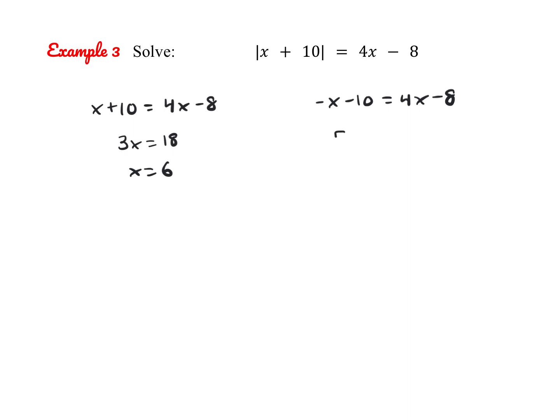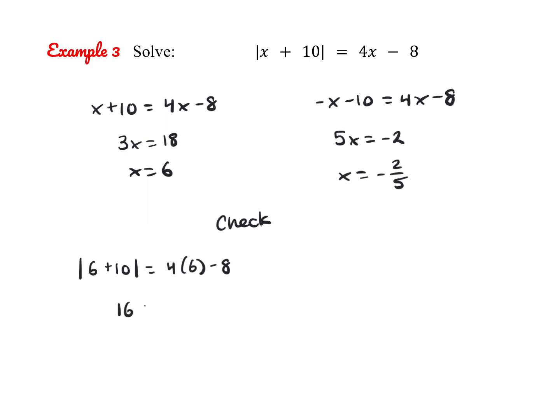And then here we have 5x equals negative 2. So now we need to check our solutions. So I'm going to substitute them into the original equation. So for x equals 6, we get a valid statement. So that is a solution.